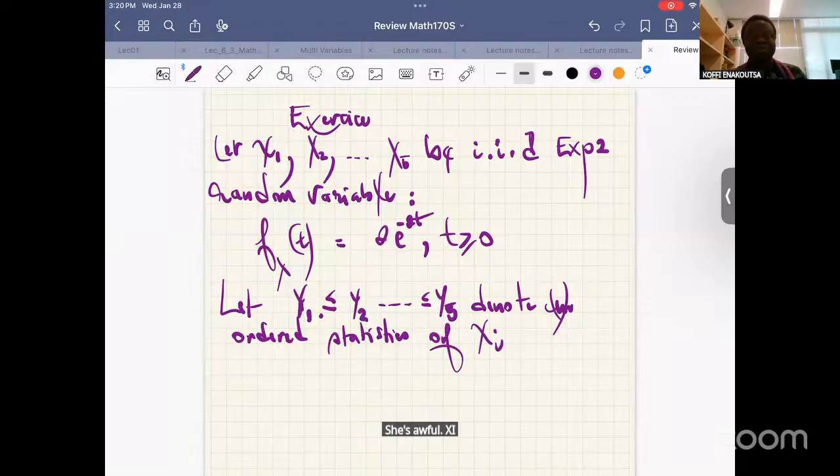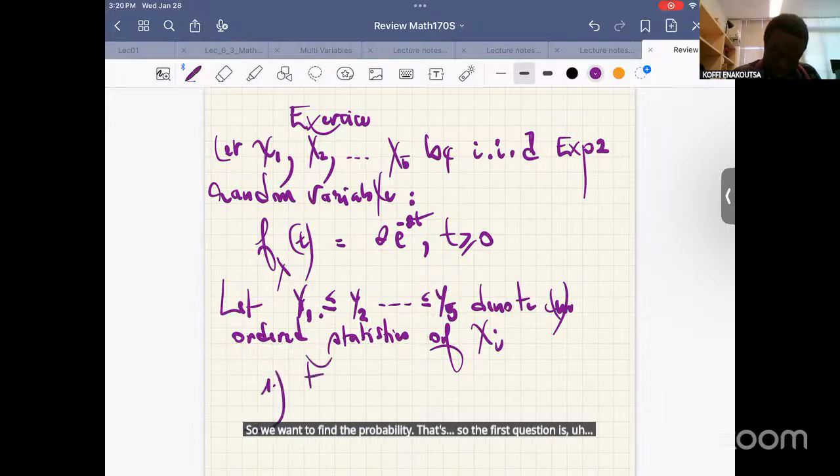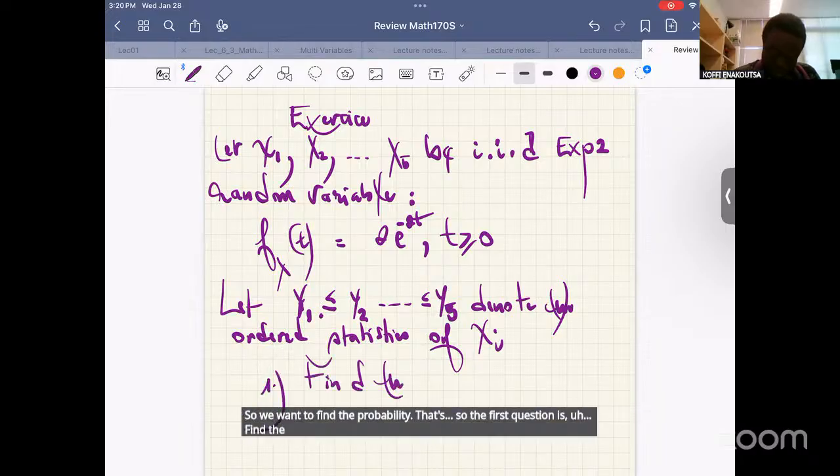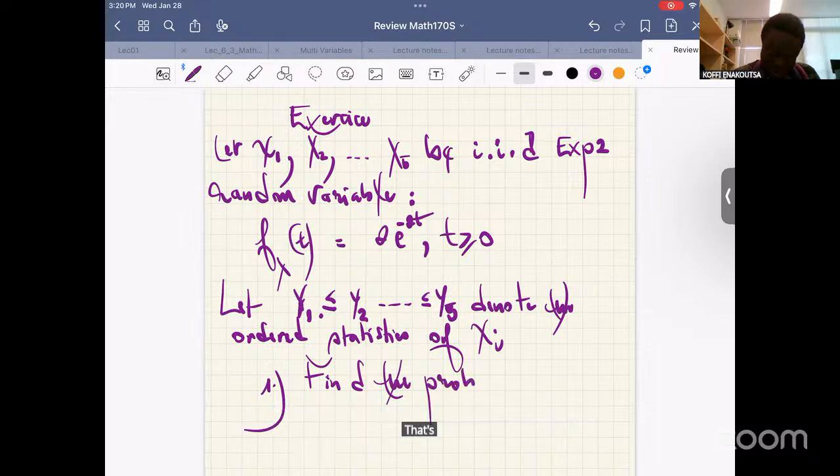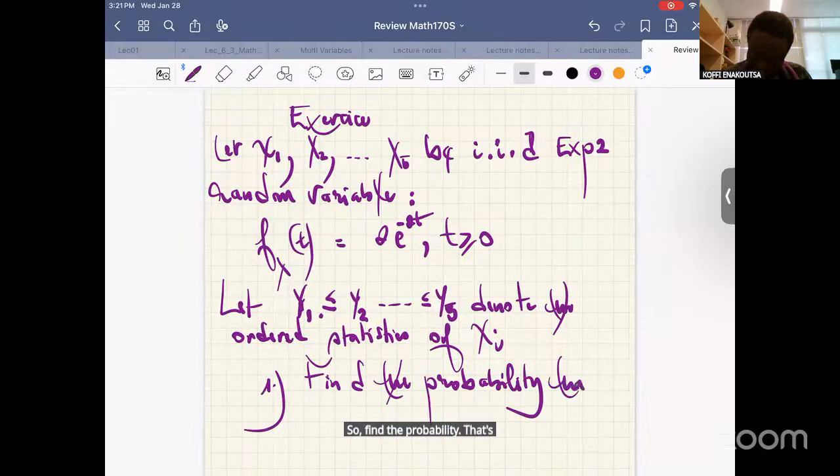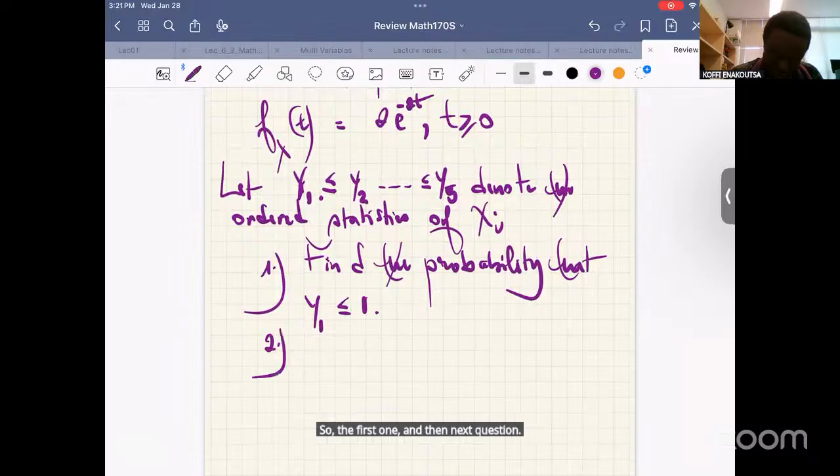So you know what it means. So we want to find the probability that, so the first question is find the probability that Y1 is less than or equal to 1.